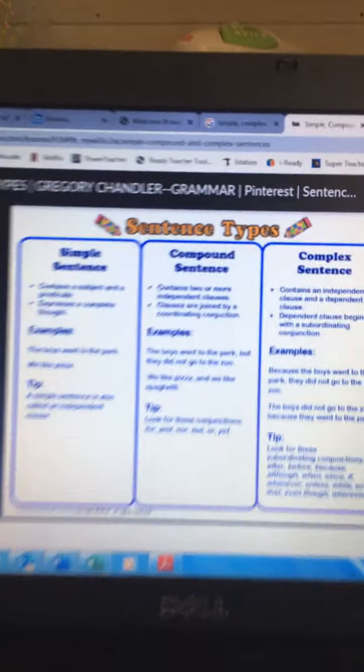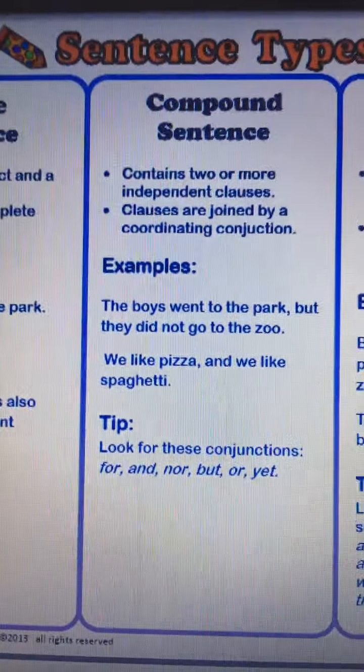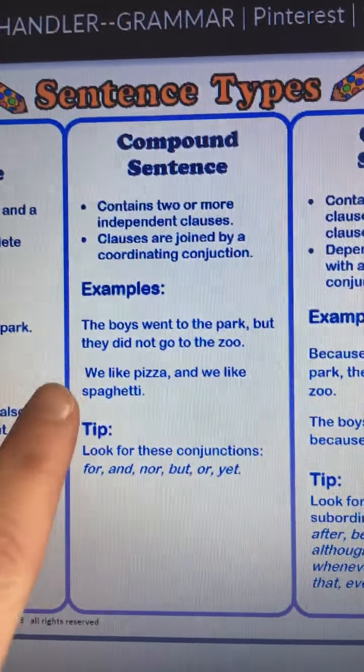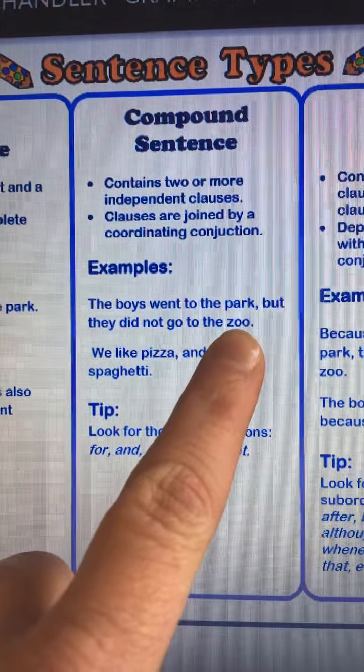It's 2 ideas, 2 separate ideas, which could be separate. They would make sense by themselves, but we can connect them and turn them into a compound sentence, okay? Here are examples of that. So, the boys went to the park, but they did not go to the zoo.